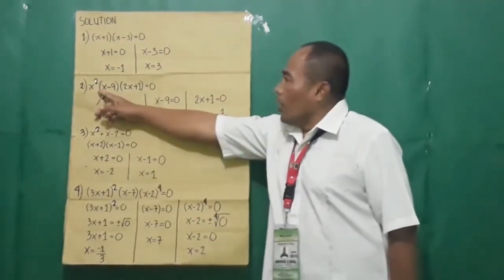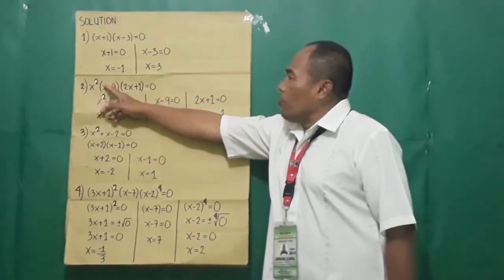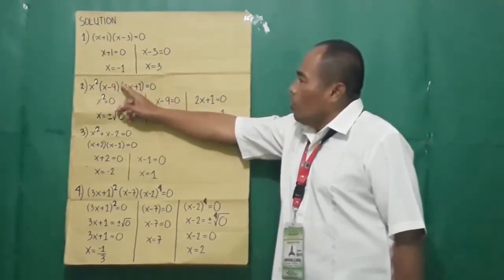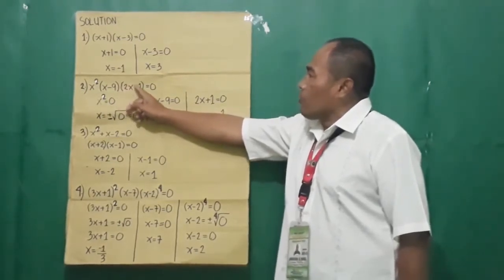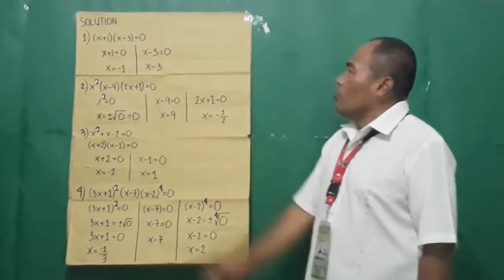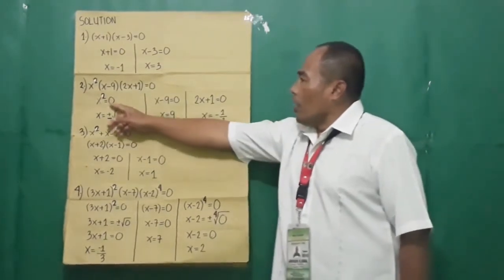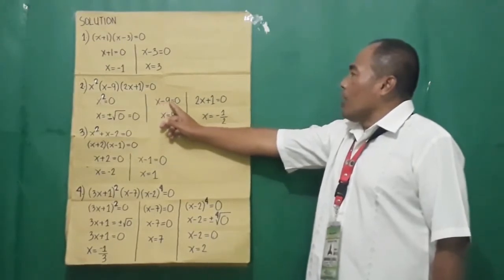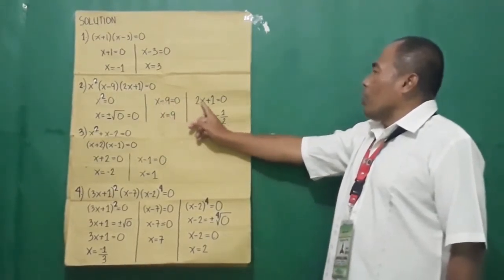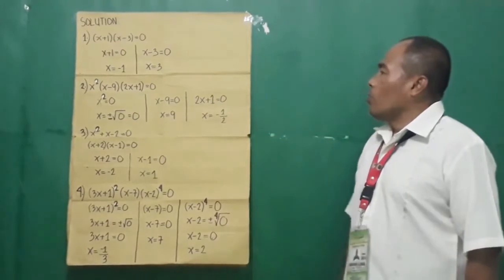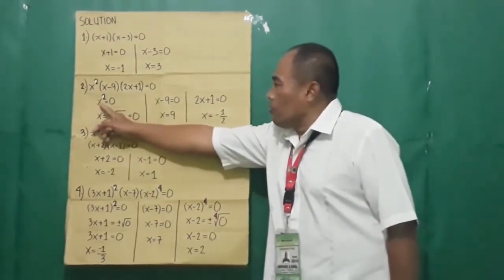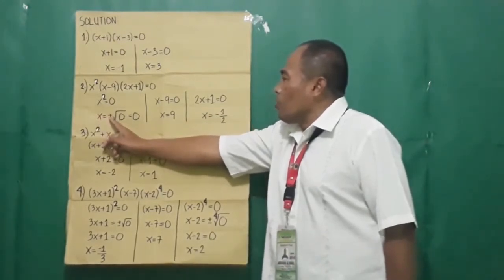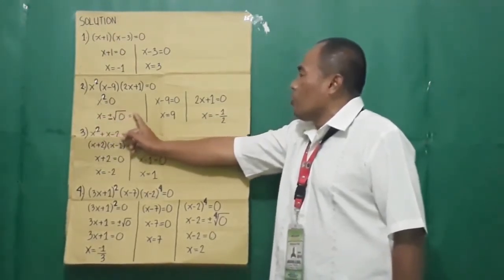Number 2, x squared multiplied by (x - 9)(2x + 1) = 0. So, x squared = 0, x - 9 = 0, and 2x + 1 = 0. Taking the square root of the first equation, x = plus or minus the square root of 0, which is 0.